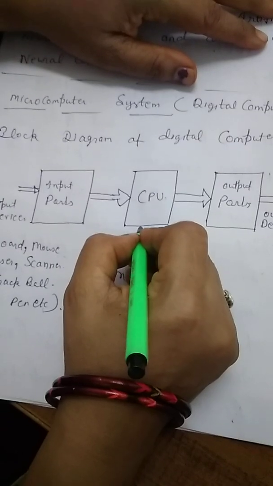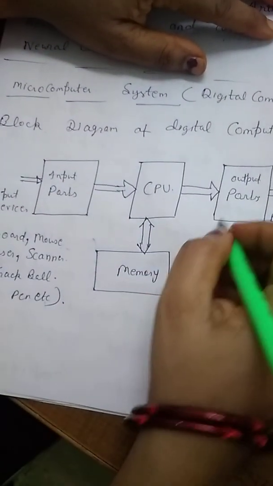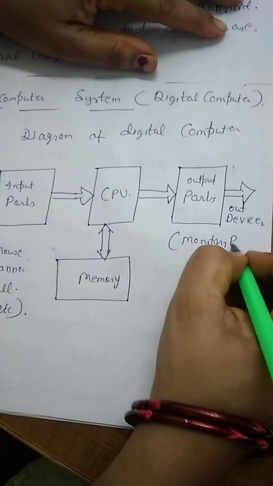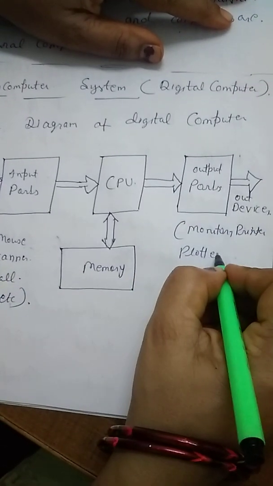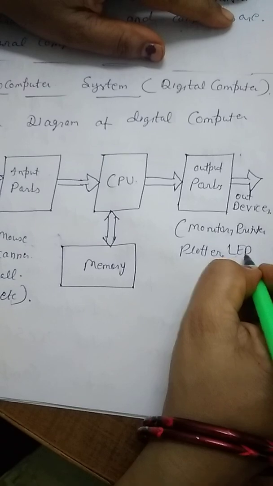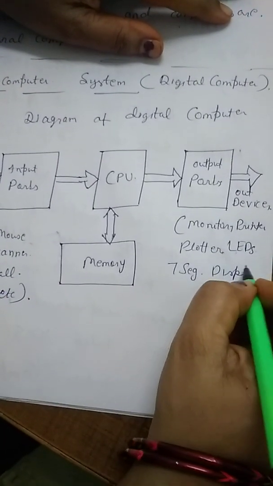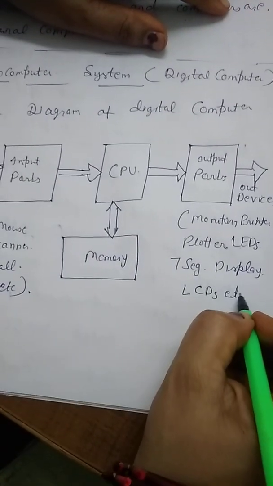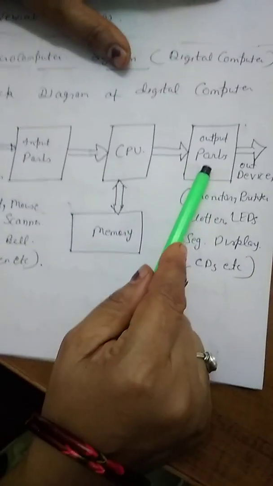It is connected to the CPU, and these are your output devices: monitor, printer, plotter, LEDs, 7-segment display, and LCDs. Okay, in this diagram, this is input port, this is central processing unit, output port.